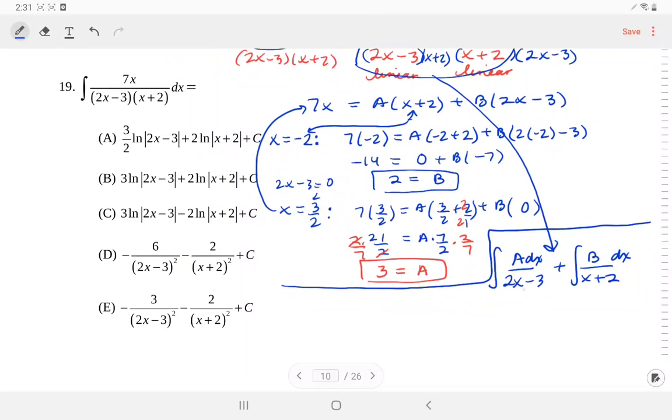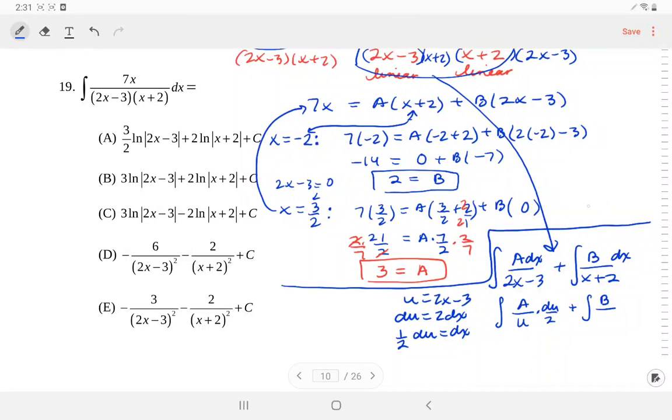So for this one, this would be u equals 2x minus 3, so du equals 2 dx. So you're going to need a 1/2 in the front. You can also do a full u substitution. So this is a over u times 1/2 du, or du over 2. And then this one is b over a different u.